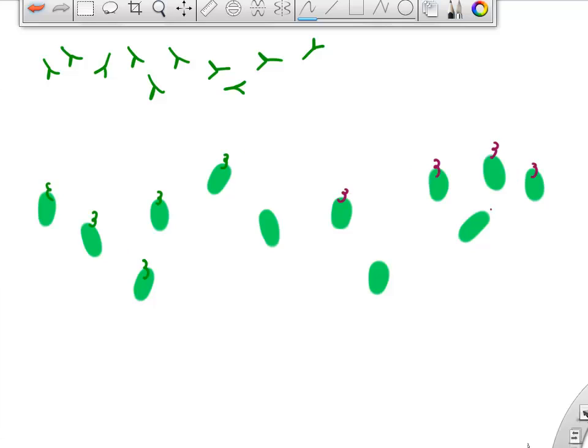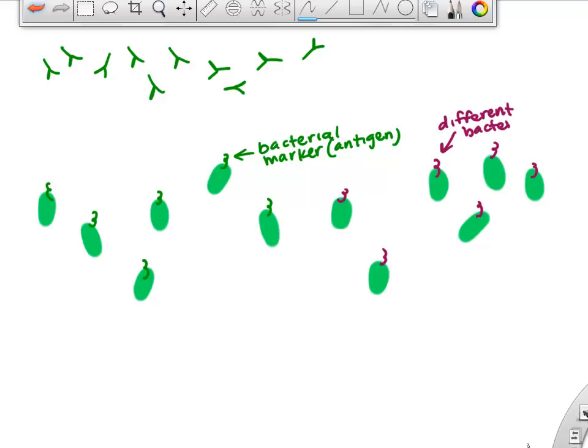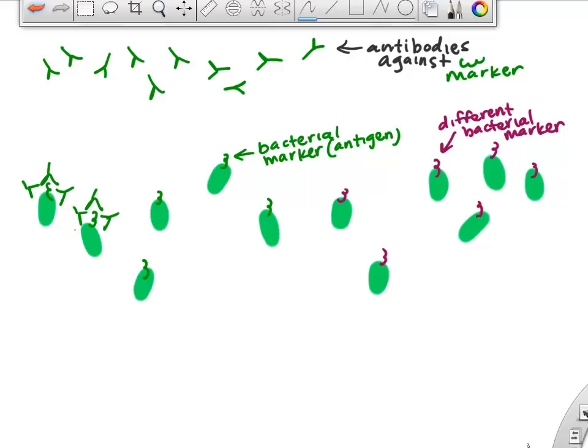So how can antibodies defend you? Remember, you are infected in this example by a bacteria, and that little bacteria had a marker on its surface that activated your lymphocytes, which created specific antibodies to protect you. These antibodies will circulate around in your bloodstream and in your tissues, and they'll look for that marker or antigen specific for that bacteria.